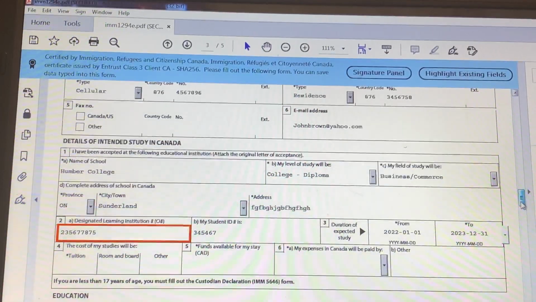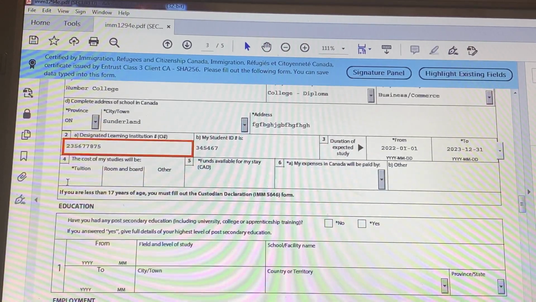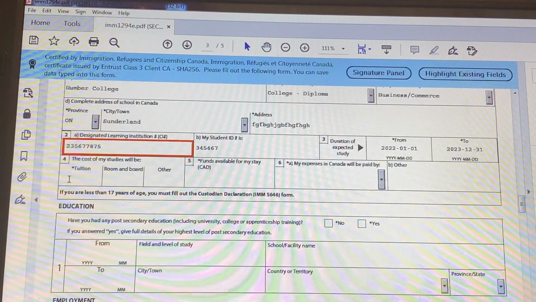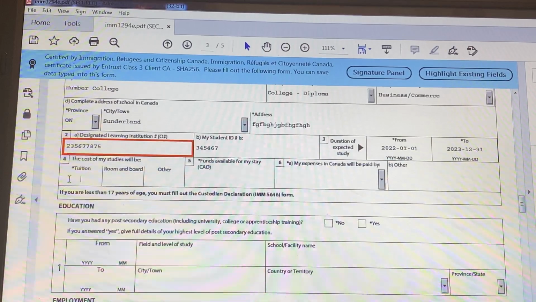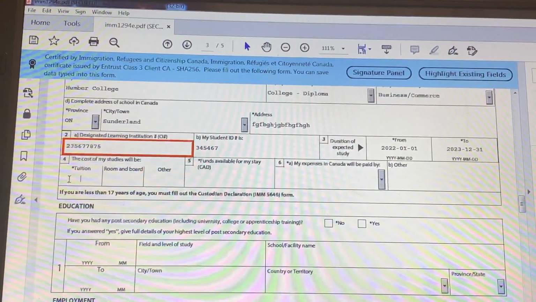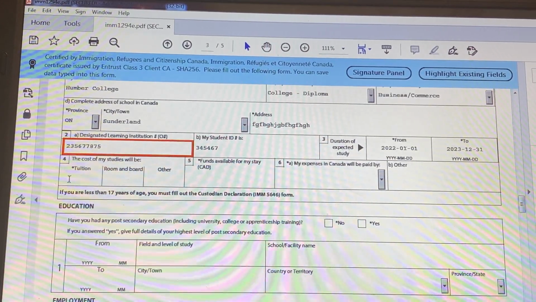Coming down to the part that a lot of persons have questions about: tuition. What is the cost of my studies, guys? You're gonna put the annual cost of your tuition right here, not the overall cost of the 2 years. If you're doing a 2-year program, you can just put 1 year.